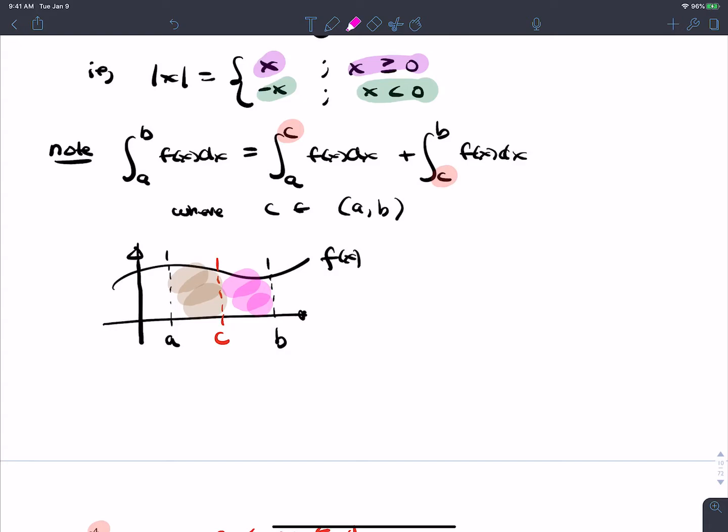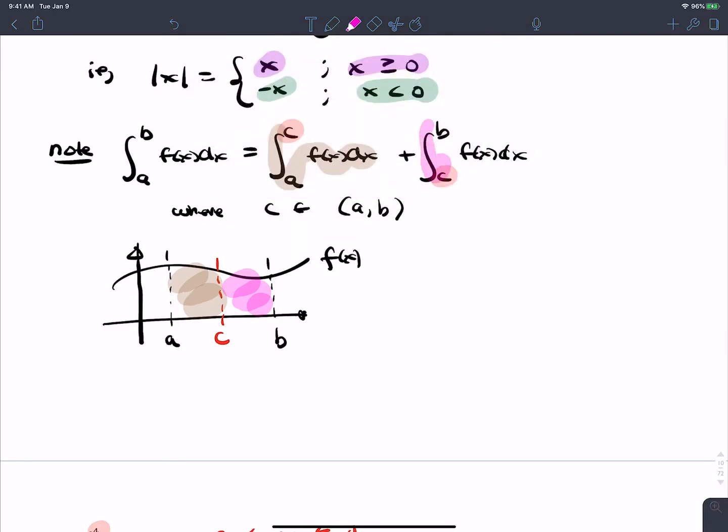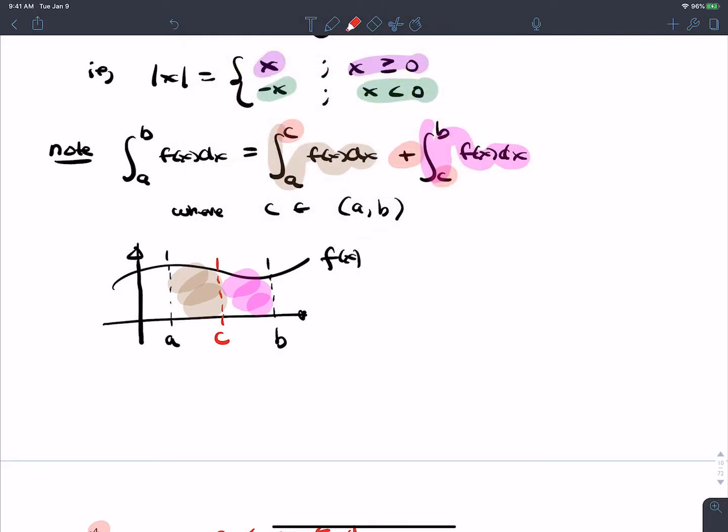So the gold integral is right there, and the pink integral is over here. Don't forget to always do what? Add. Boy, all the things we have to do to visualize. Look at that.